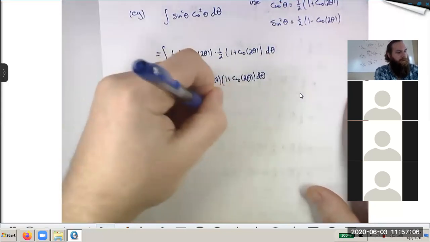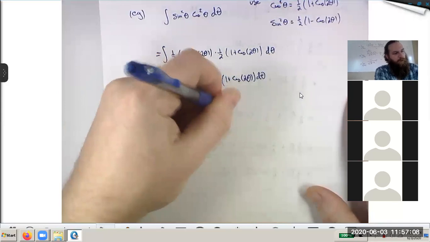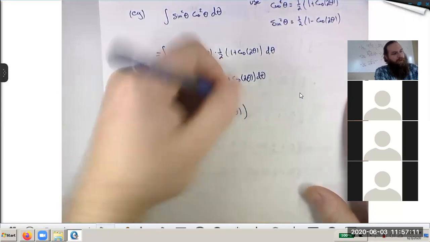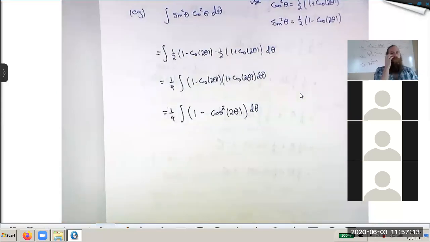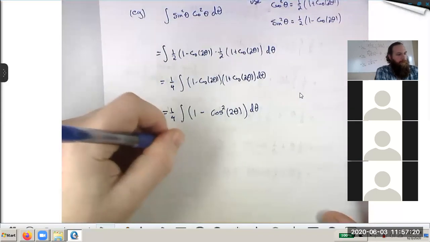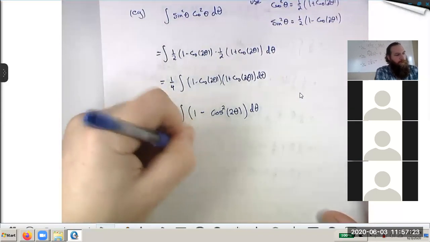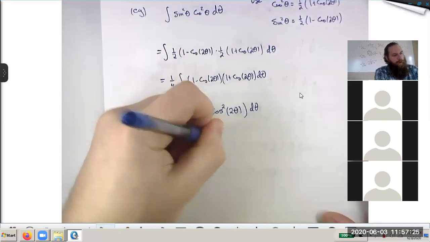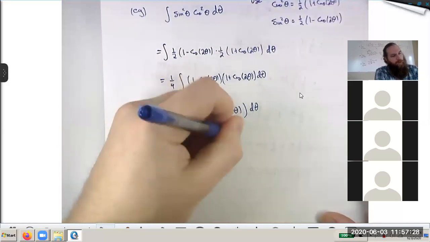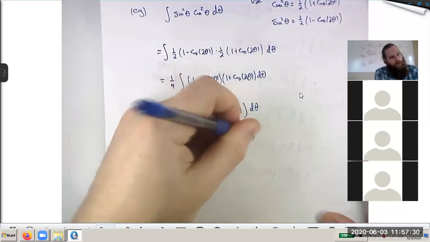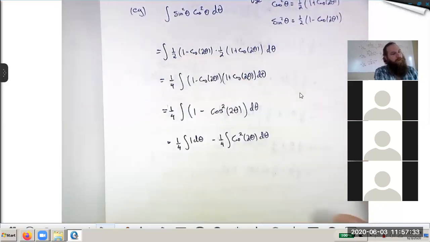Those will cancel. And I get minus cos squared of 2 theta from my lasts. Those don't cancel, so we're left with this. And again, I can split it up. This is 1/4 integral 1 d theta minus 1/4 integral cos squared 2 theta d theta. The first piece is easy. How do I handle the second piece?